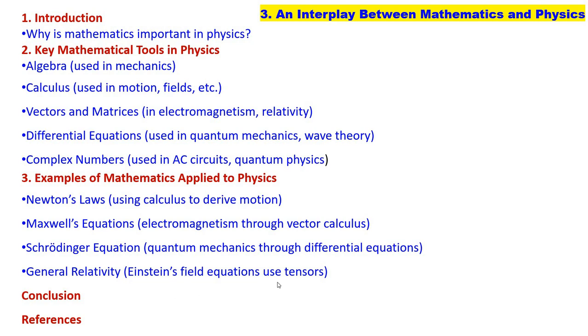And then using tensors. At UG level, this can be avoided. So one will not be enough, but two or three examples will be enough at the UG level. Then again, as before, conclusion and references should be given.